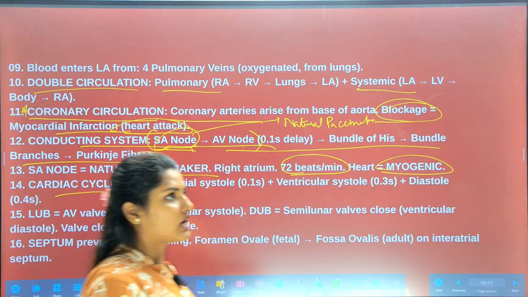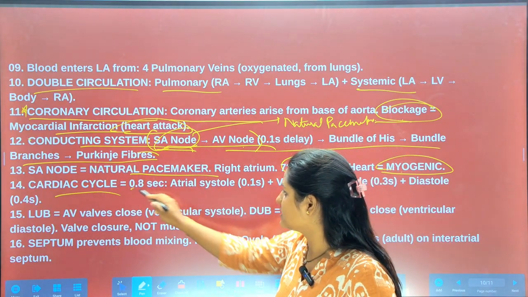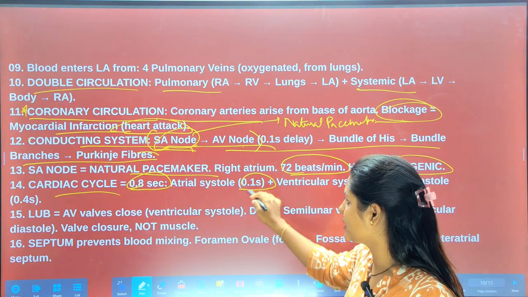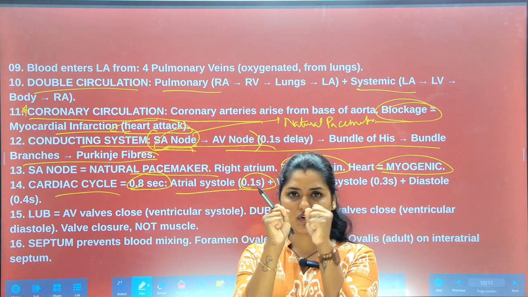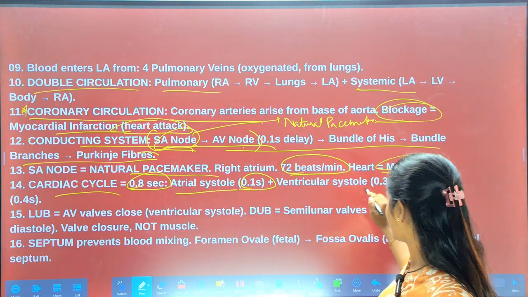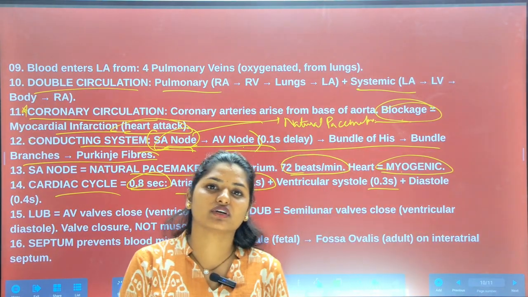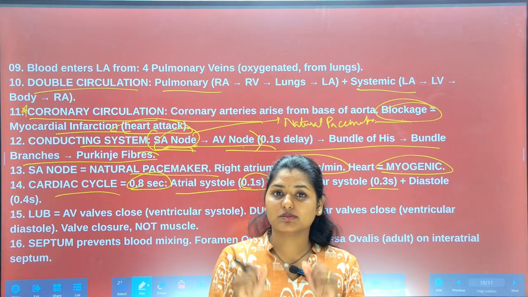And now the cardiac cycle. One total cardiac cycle happens in 0.8 seconds. It is divided into atrial systole, that is the atria contracting, taking 0.1 second, and ventricular systole, that is the right and left ventricles contracting, taking 0.3 seconds. Systole means contraction, diastole means relaxation.